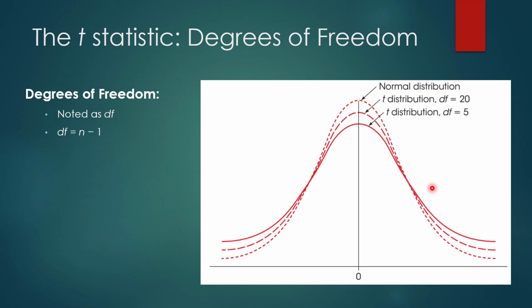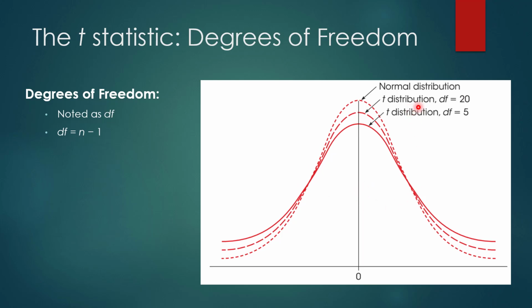It approximates the shape of a normal distribution, but it's a little flatter, a little more spread out, and there's more variability in the tails. This is a t-distribution for degrees of freedom of 5, so an n of 6. The tails are a little fatter, the distribution peak's a little flatter, and the variance is a little bigger, so it's more spread out.